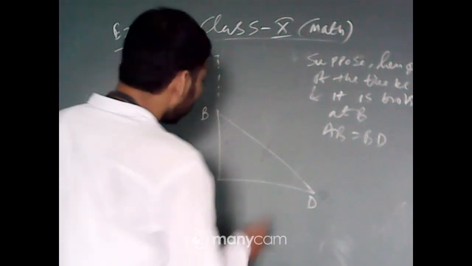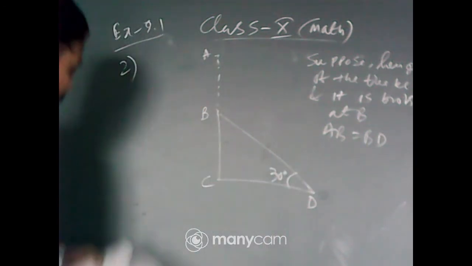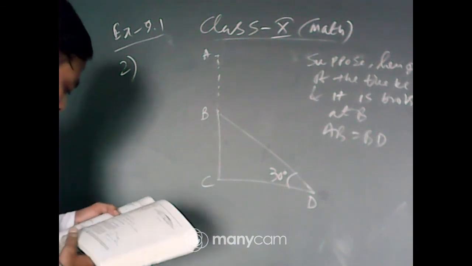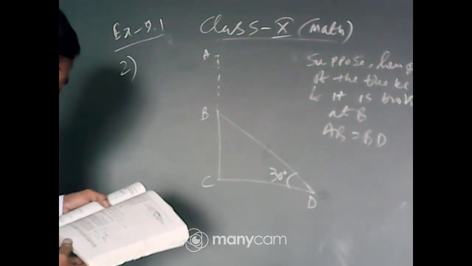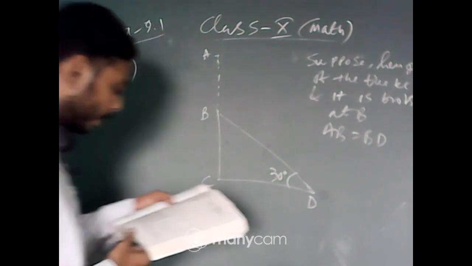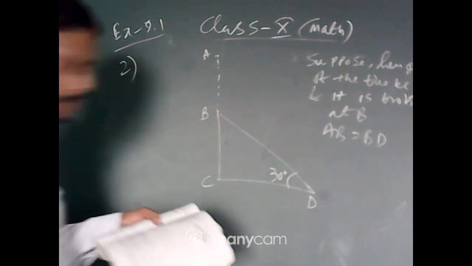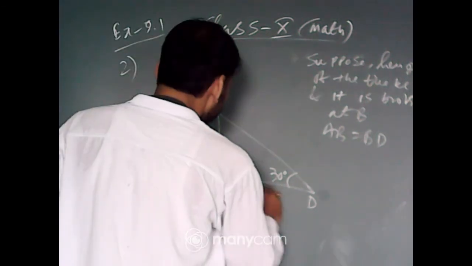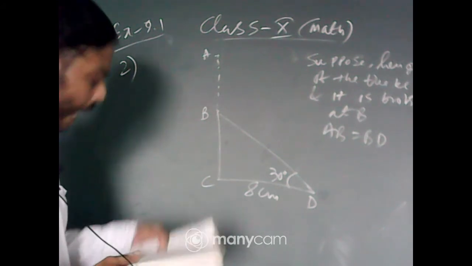Now the angle that is making here with the base, or the horizontal, is 30 degree. The distance between the foot of the tree to the point where the top touches the ground, that is 8. Now you are asked to find the height of the tree.